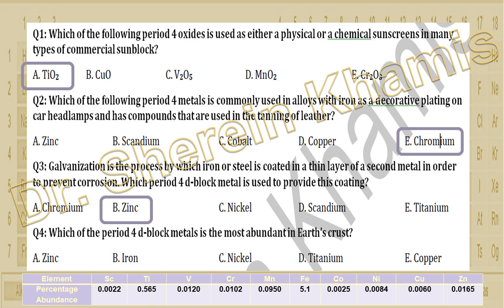We have iron with an abundance of 5.1. Cobalt 0.0025, nickel 0.0084, copper 0.0060, and zinc, the last one, 0.0165.